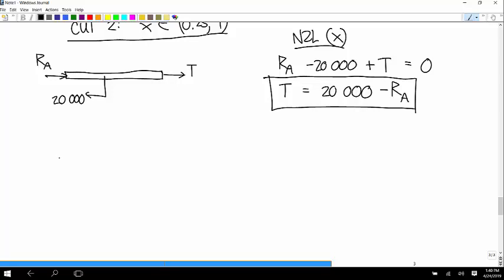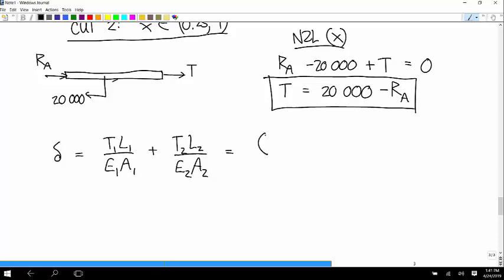Okay, so now our total elongation is equal to, you can think of it as T1 times L1 over E1 A1 plus T2 L2 over E2 A2.